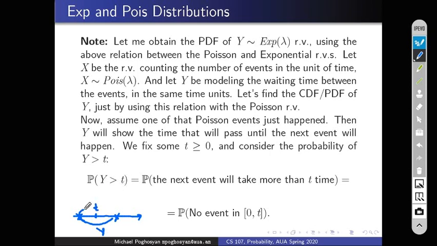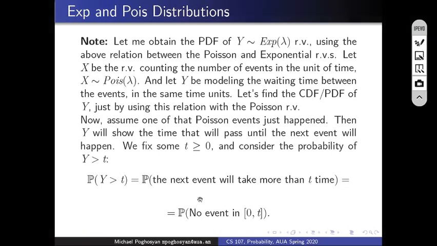So this means that in this interval, this is time 0, I'm starting counting from this point, between 0 and t, no event happened. The next event was after time Y.